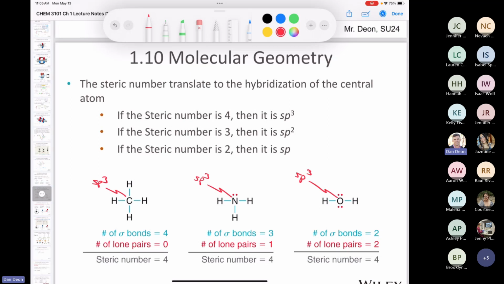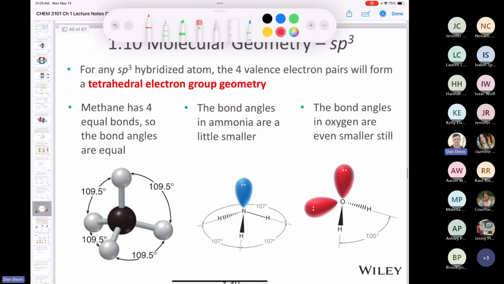The answer is no, because molecular geometry only considers bonds. Do they all have the same number of bonds? No. The carbon has 4, the nitrogen has 3, and the oxygen has 2. So if we have 4 bonds, then we have a tetrahedral molecular geometry.